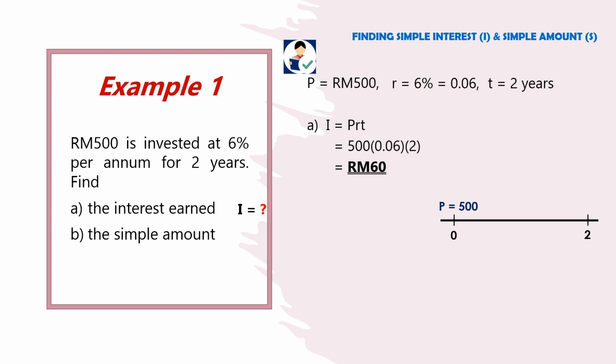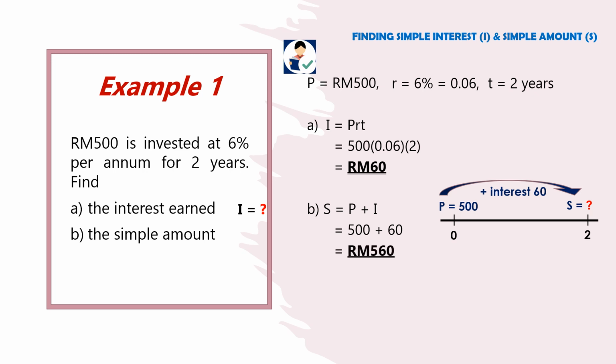Means we want to find the accumulated value at the end of 2 years, which is S. So we use the formula S is equal to P plus I, which is the original principal 500 plus the interest earned 60 ringgit. So S is equal to 560 ringgit.